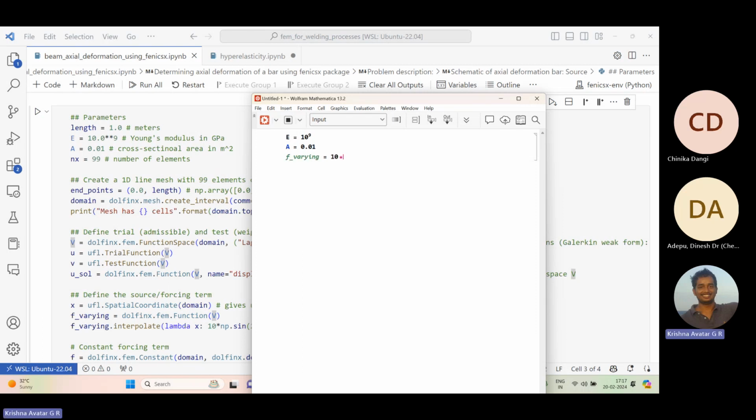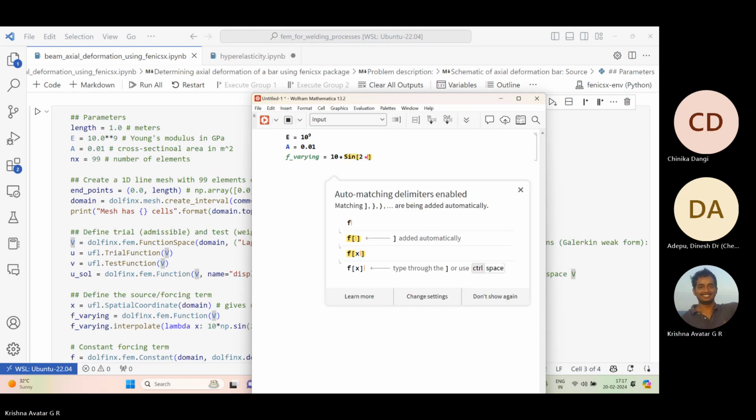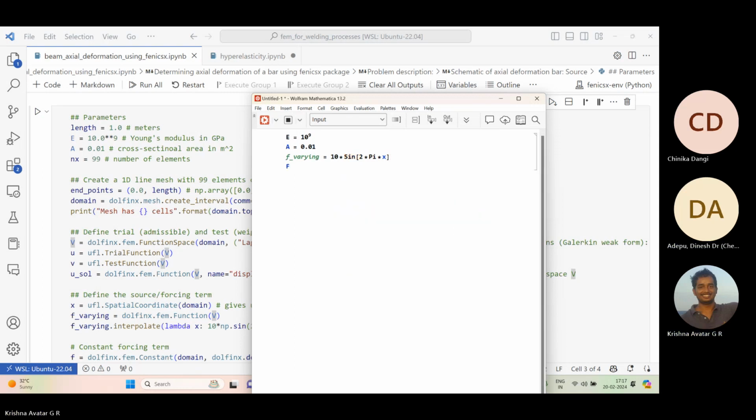So this we use 10 into sine of 2 pi x, and then F is equal to, we used a value of 6, isn't it? Yeah. And then E is equal to 1. So now we'll use solve.